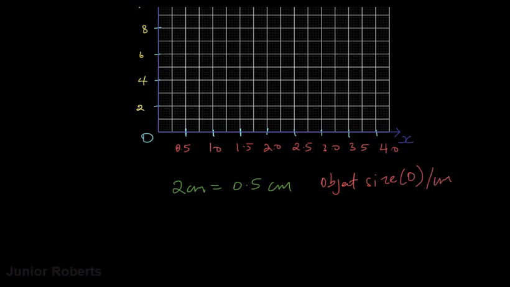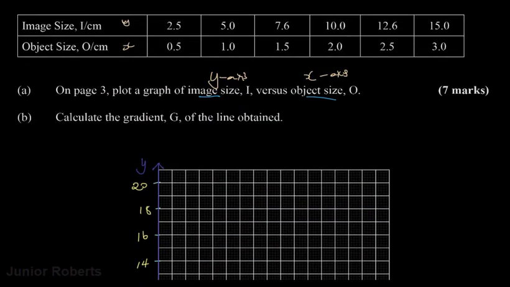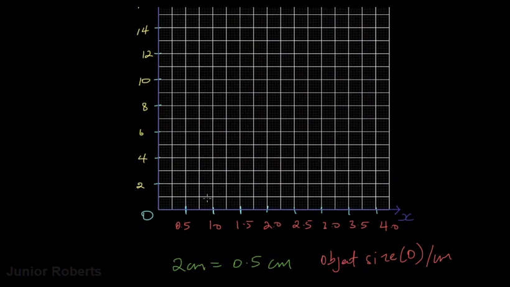Now for our y-axis, first of all, let's state our scale. For the y-axis, I'm using a scale of 2 centimeters equal 2 centimeters. So for each 2 centimeters, I'm incrementing by 2 centimeters.